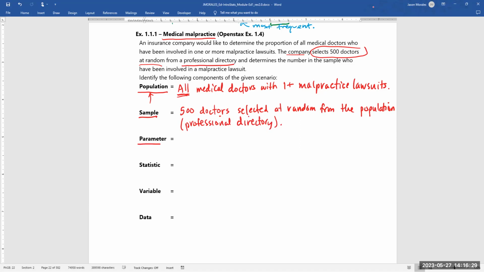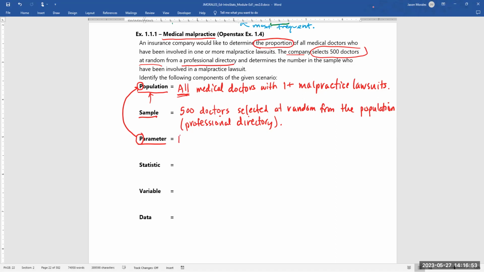Okay, next, parameter. Now, a parameter is a descriptive statistic that describes a population. So what's the descriptive statistic that this particular problem is interested in? It's interested in the proportion.